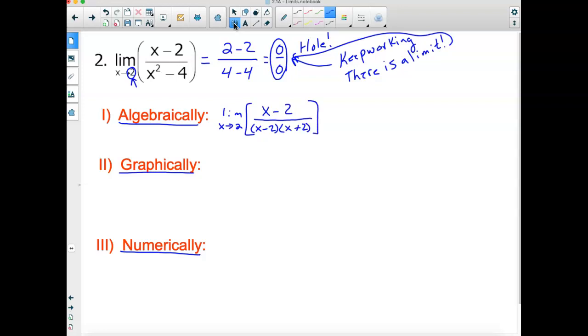Saddle up, because that's going to be a big problem. And we find out it's sharing x minus 2. So that's really the limit as x approaches 2 of 1 over x plus 2. Algebraically, I resubstitute it in, and I get 1 over 4. My limit is 1/4.